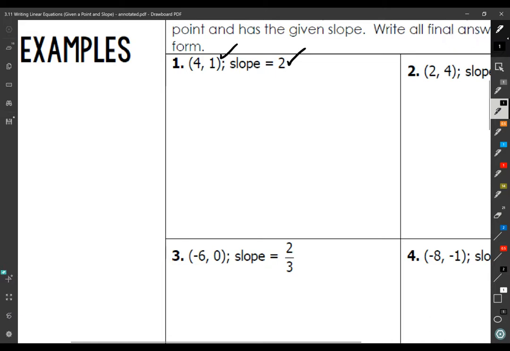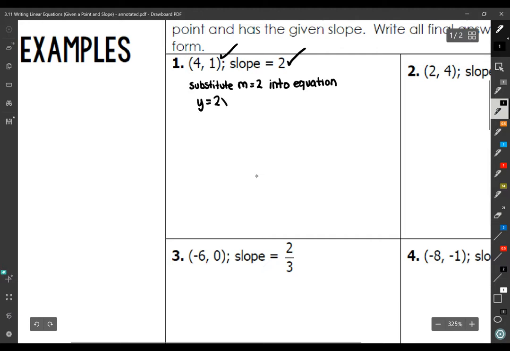So again, step 1, create our partial equation, okay? So we're going to substitute m equals 2 into our equation, okay? So now we have y is equal to 2x plus b, okay?